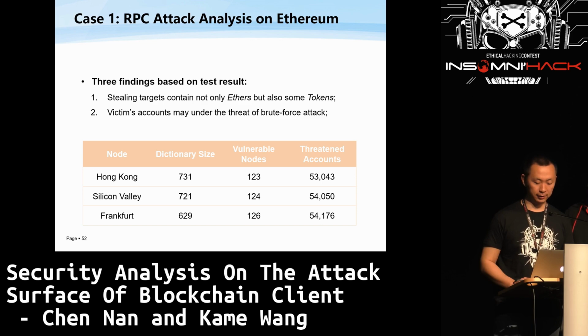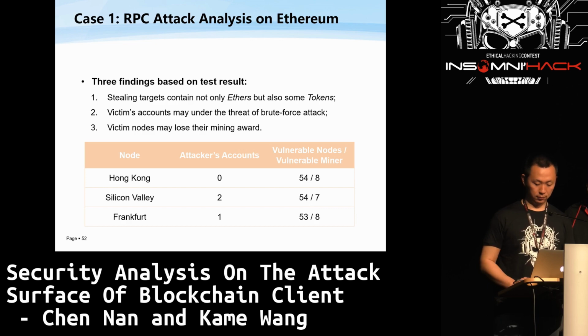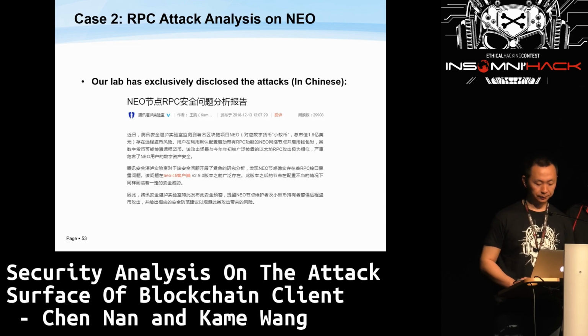According to our honeypots, the password dictionary used by attackers contains more than 700 items. Number 3, victims may lose their mining award. There are more than 50 nodes that are vulnerable to this kind of problem, and some of them were just mining during our test. Our analysis system is also deployed on NEO blockchain.